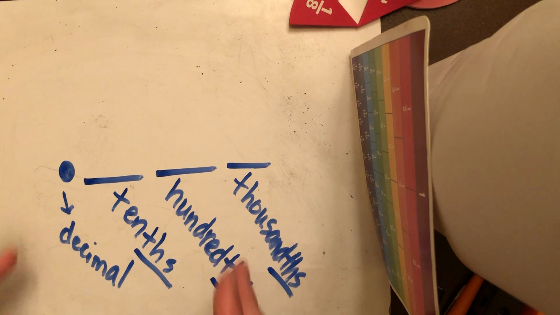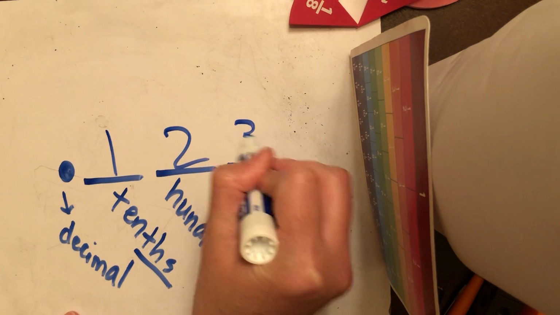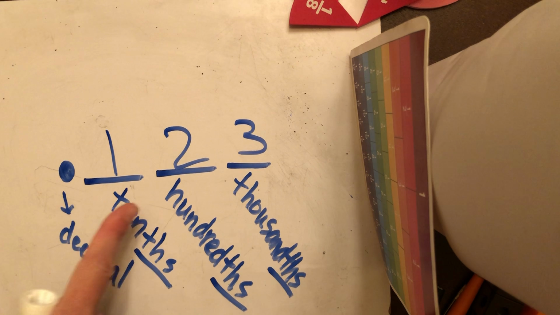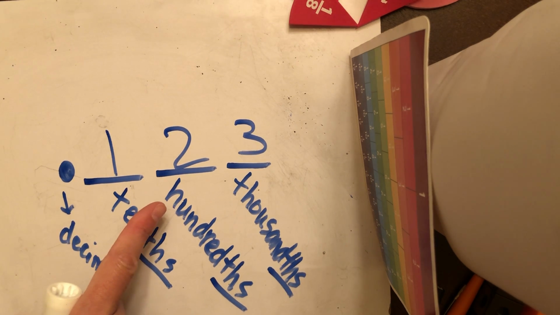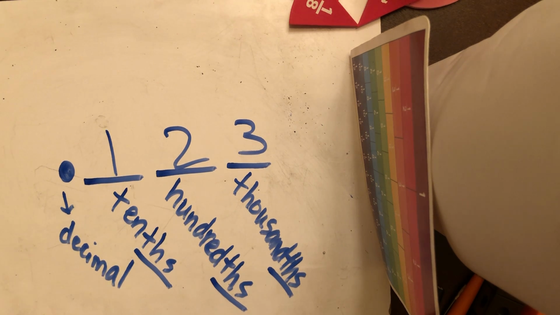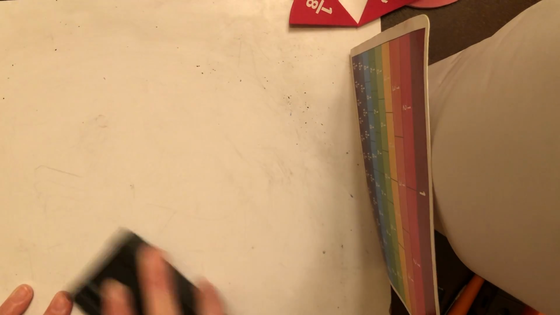So tenths, hundredths, thousandths, okay? So if we read this, it would be 1/10, 2 hundredths, and 3 thousandths. You can convert these to fractions, vice versa, either way. So remember this, as we're talking throughout our lesson.